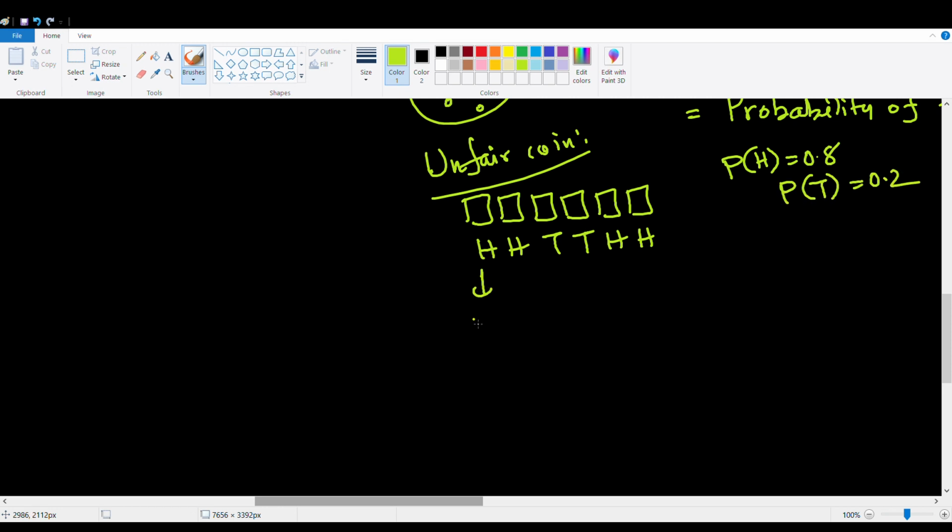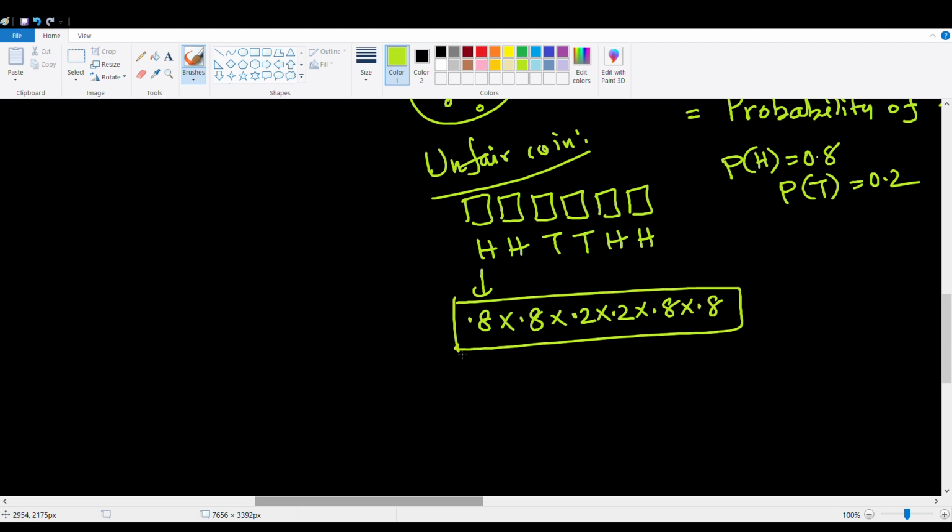Now this probability is 0.8 times 0.8, 0.2, 0.2, 0.8, and 0.8. So this is the probability of this case to happen in case of an unfair coin. So it's 0.8 to the power 4 times 0.2 square.